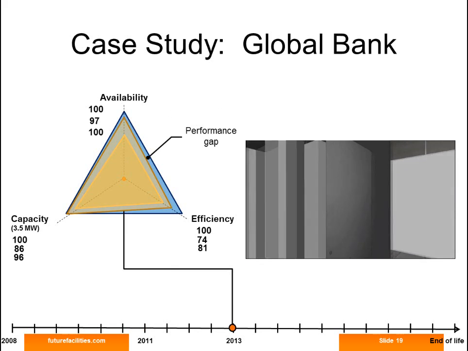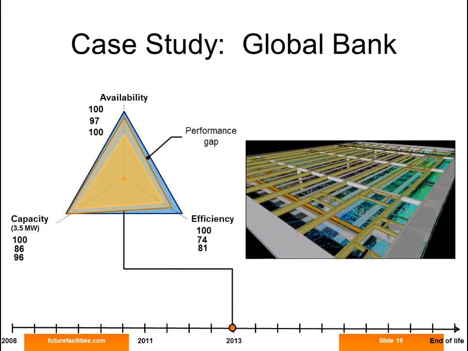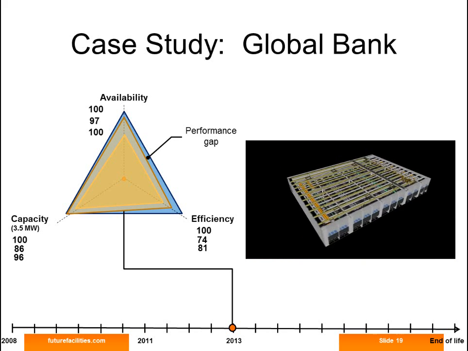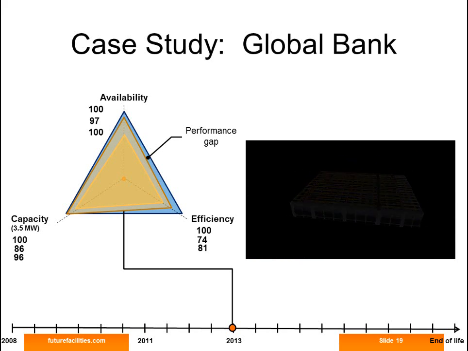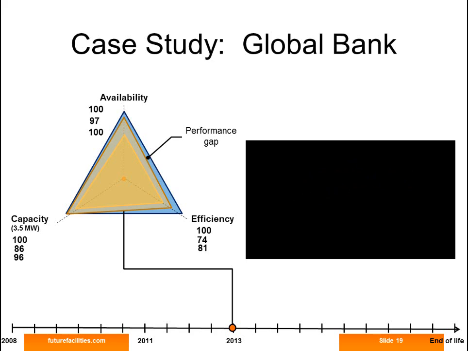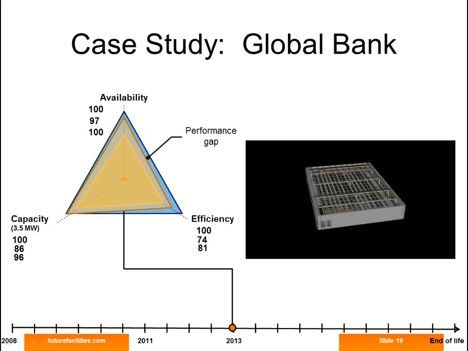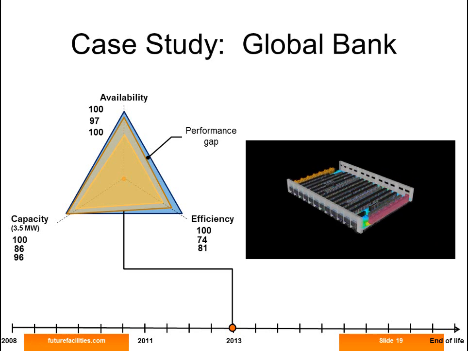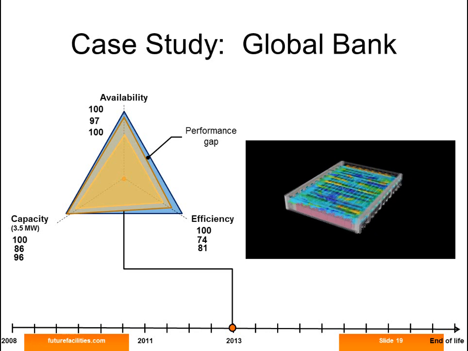After using the virtual facility model for 2 years and using the simulation and visualization capabilities to understand why hotspots were being formed, how the airflow moved through the room, why temperatures were what they were in the data center, they were able to increase the ACE score by a significant amount.